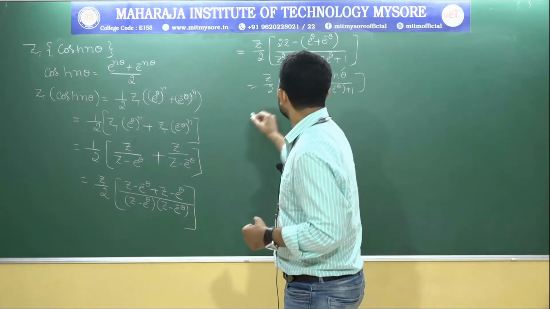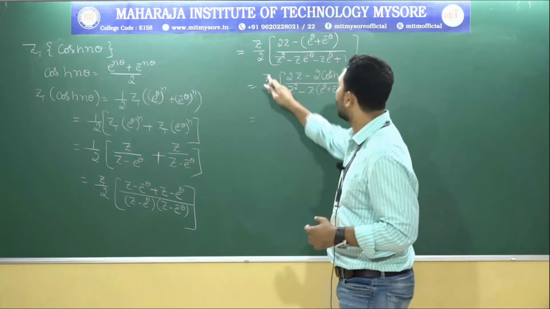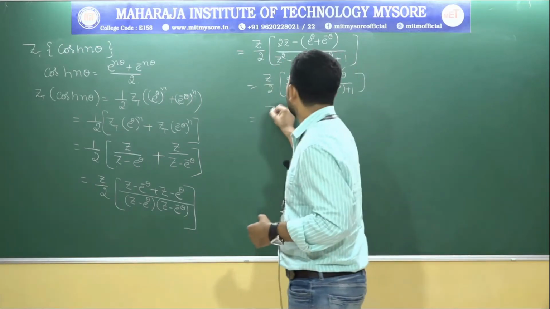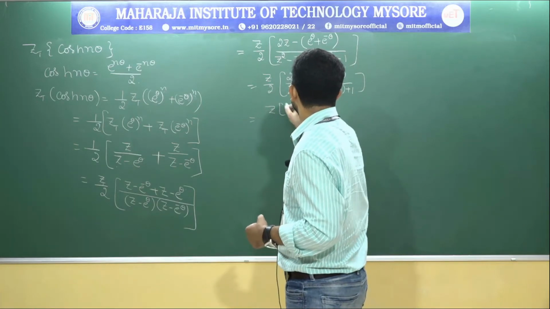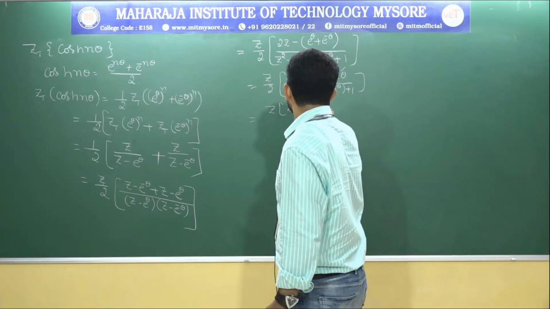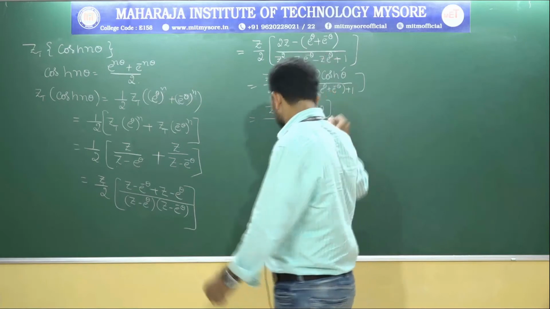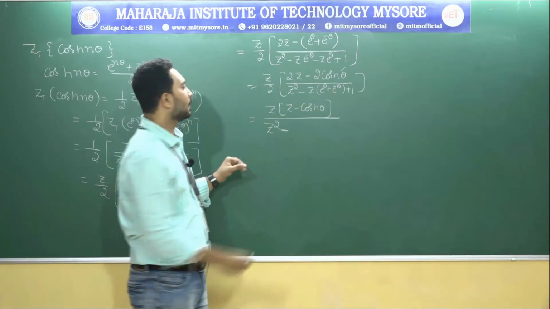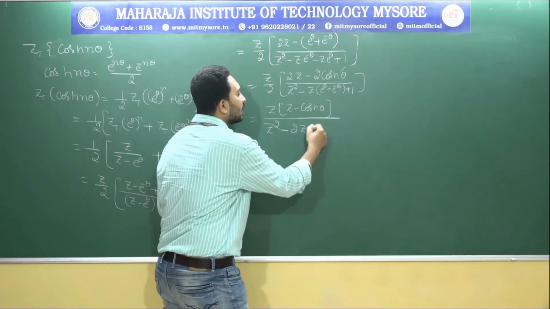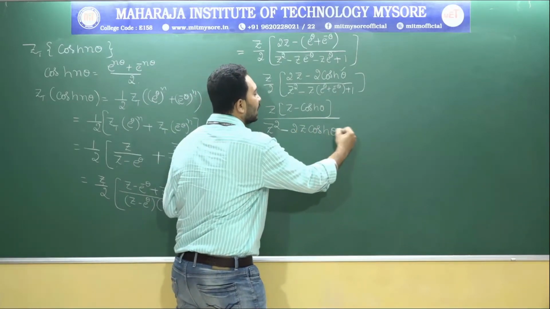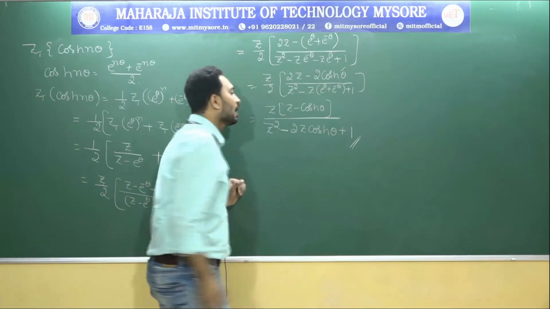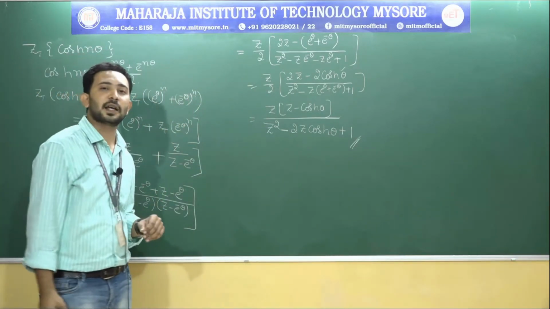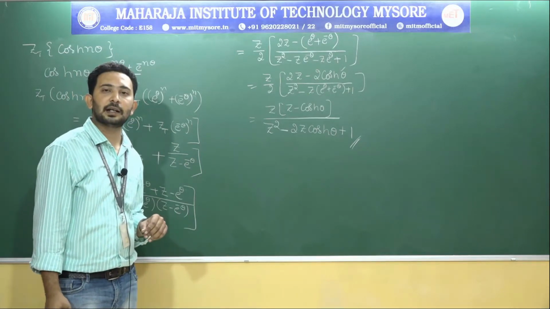So take 2 common; this 2 and the common 2 will cancel, and we get z into z minus cos hyperbolic theta divided by z² minus 2z cos hyperbolic theta plus 1. So this is the z transformation of cos hyperbolic n theta.